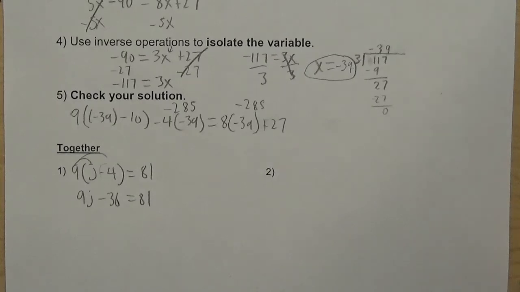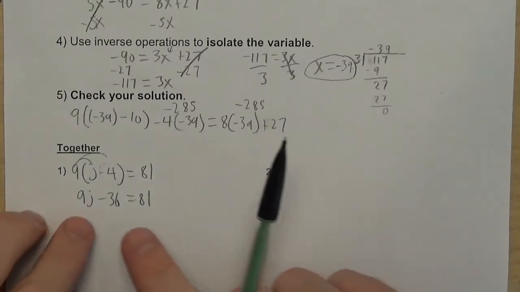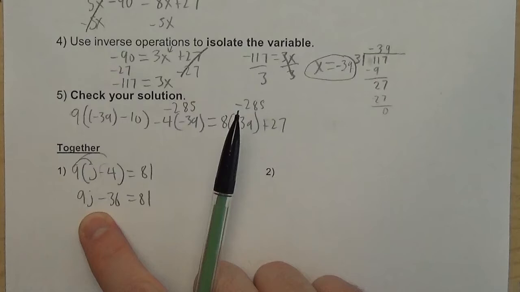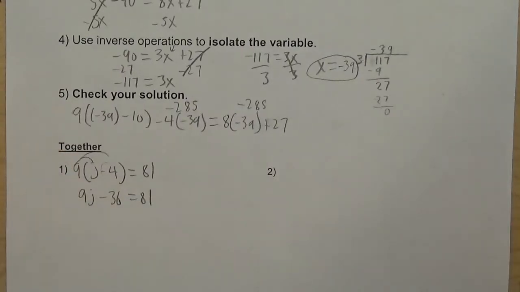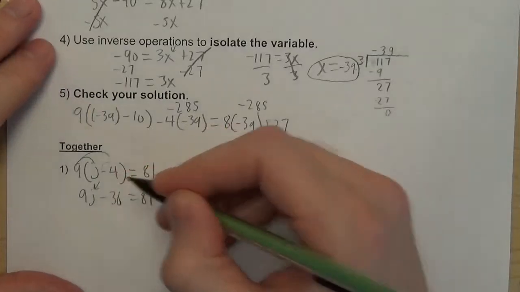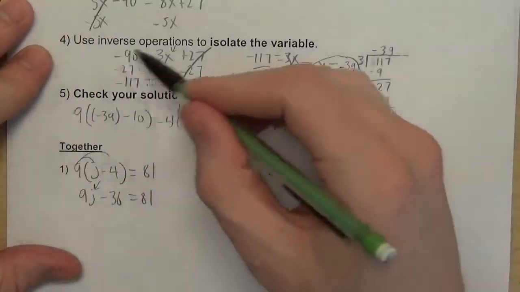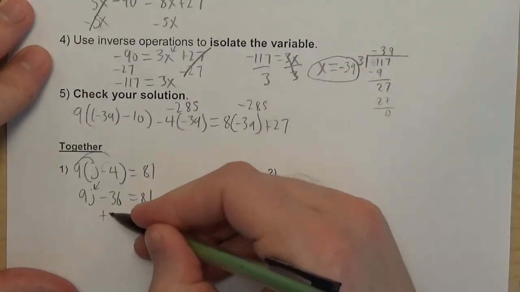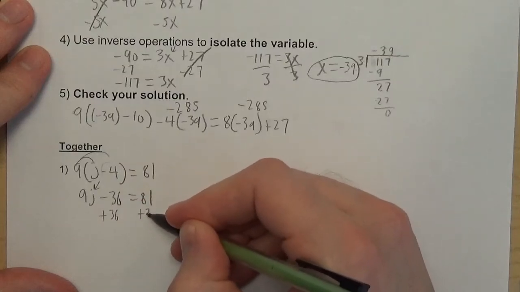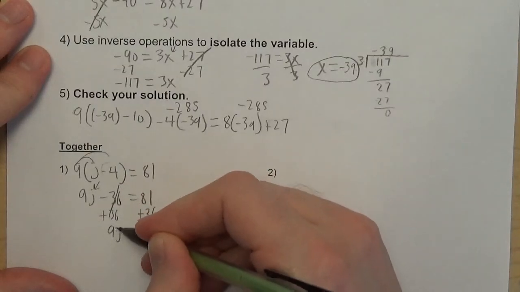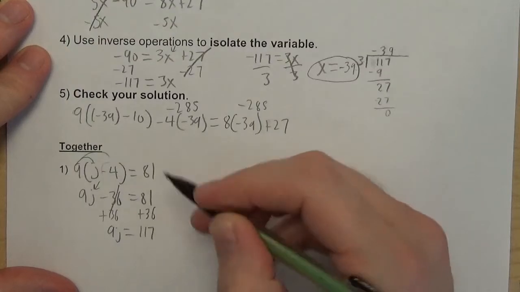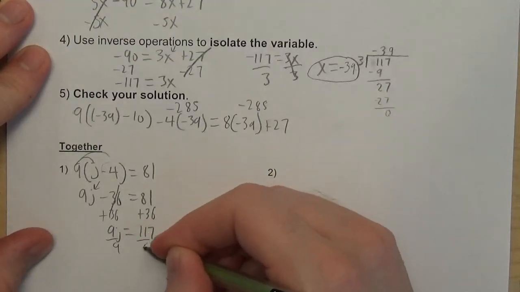Step number 3, eliminate the variable on one side of the equation, and we only have variables on one side, so we don't have to do that either. You were probably able to tell at this point, we just have a 2-step equation. We just need to do step number 4, which is to use inverse operations to isolate the variable. So we're going to add 36 to both sides, giving us 9j equals 117, and then we divide by 9.